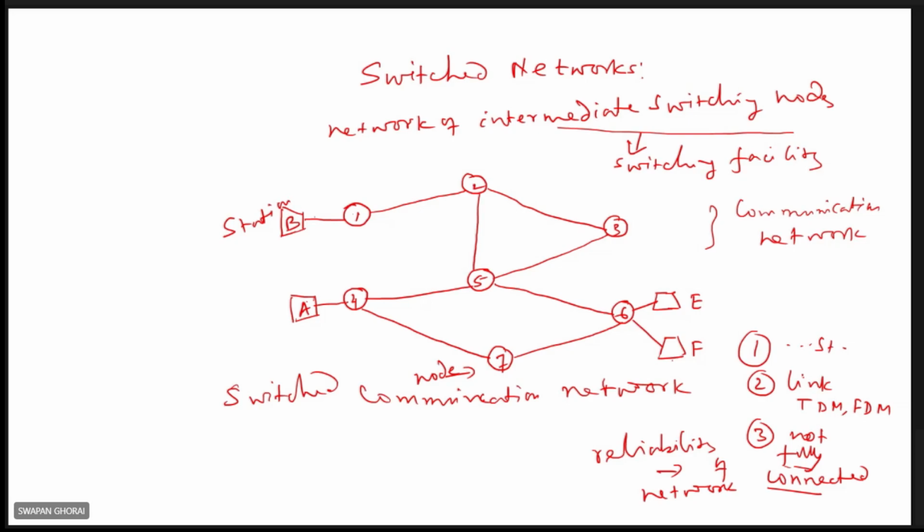Depending on the request, the connection will be established. So node 6 completes the connection, and if node 4 selects this one, then the connection will be established between 4 and 6, and then node 6 completes the connection to E or F. And finally, a test is made to determine if the destination, say E, is busy or ready to accept the data.